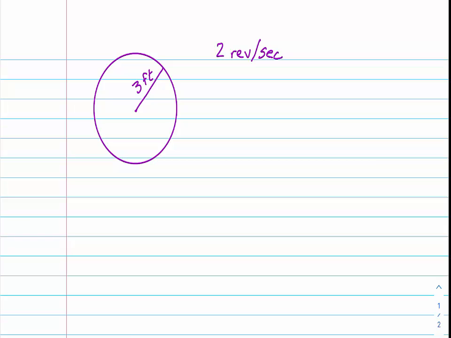Okay. Well, in 1 revolution, let's calculate that. We just need to calculate the distance around the wheel. How much distance is around the wheel? Well, we've learned about radians, and we know that the circumference is 2 pi times whatever the radius is.